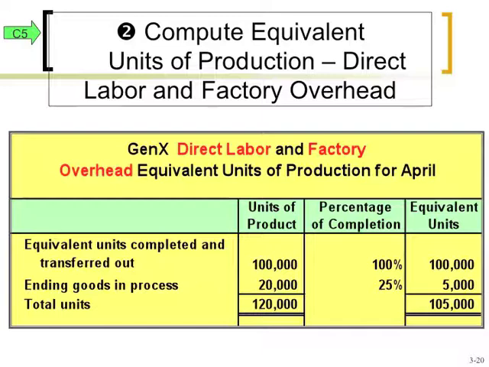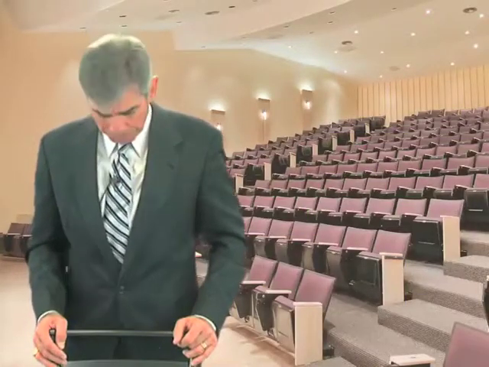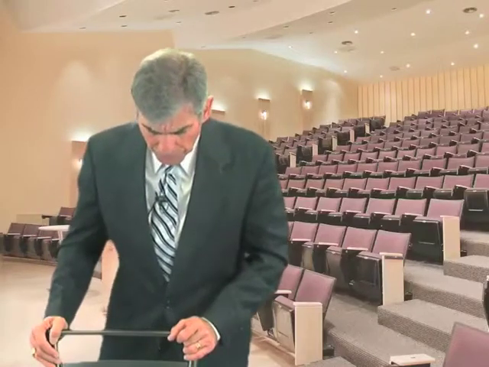The ending goods in process, here, in this example, we're assuming that we're 25% of the way through the process at the end of the period. So here we would take our ending goods in process. There's 20,000 physical units, but it's only equivalent to 5,000 finished units. Okay?